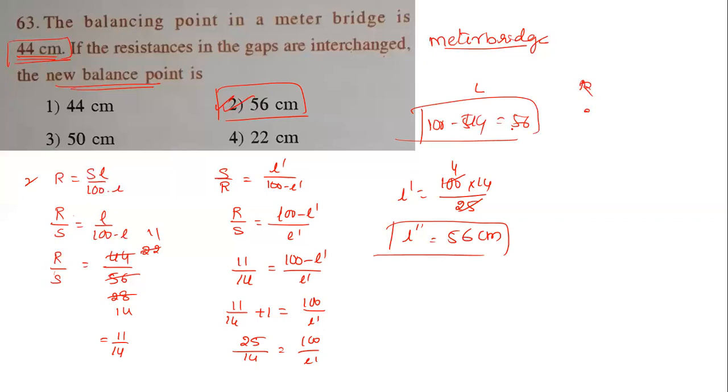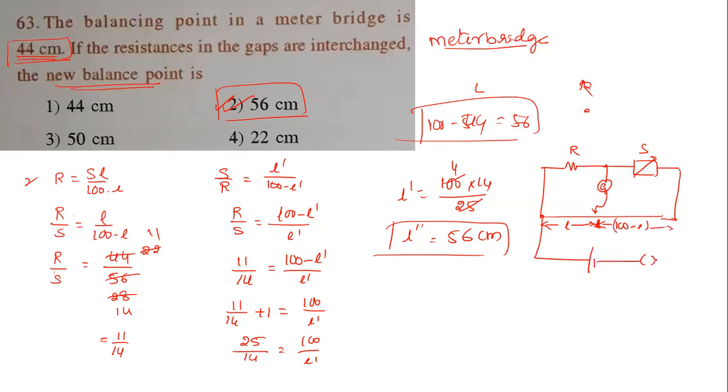And here is one more trick I want to tell you, in the case of a meter bridge. Let me draw a simple meter bridge circuit: an unknown resistance, a standard resistance box, the galvanometer connected, and a balancing length. This point is the balancing length L, and the rest is 100 minus L, and here we connect a battery with a plug key.